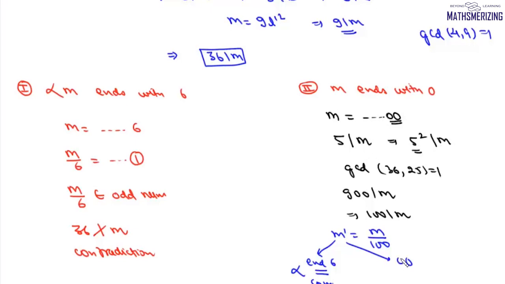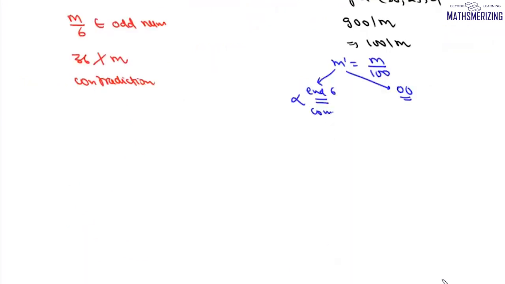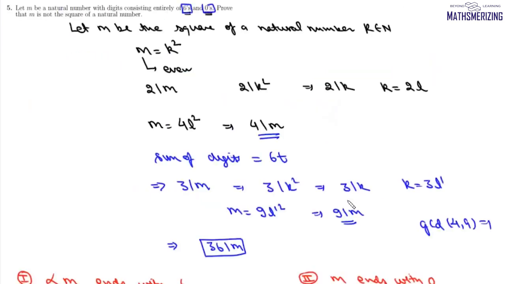So again we can say it will have 2 zeros. So we can keep dividing it by 100. Eventually we'll have a 6 at the end, and in that case we have a contradiction. We cannot have 0's for all the digits. So in all the cases, we end up getting a contradiction. So from contradiction, we can say that this m is not the square of a natural number.